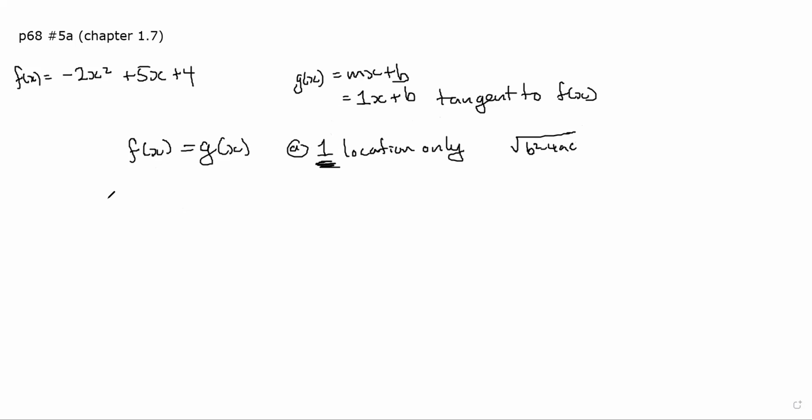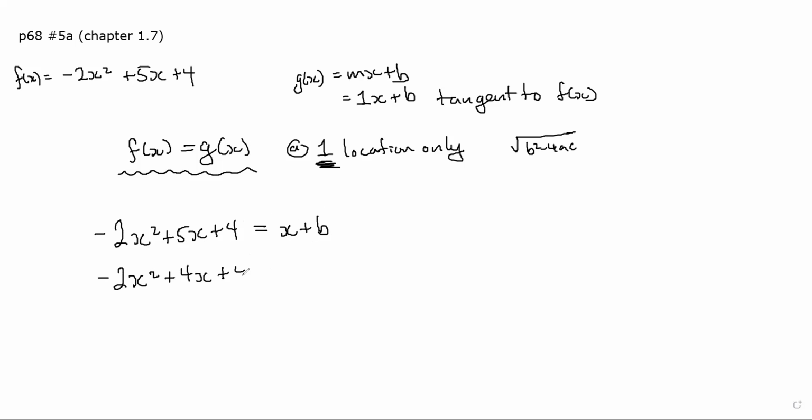So for the sake of laying out the equation, I'm going to make negative 2x squared plus 5x plus 4 equal to 1x plus b. And again, just like our other practice questions, I'm going to simplify it, because if we can make this entire polynomial equal to 0, we have some clue as to what it's going to look like.